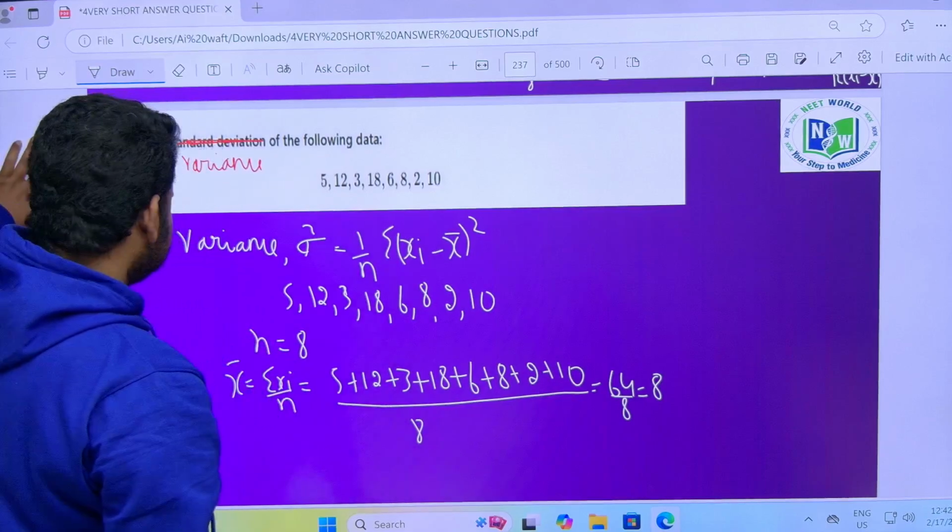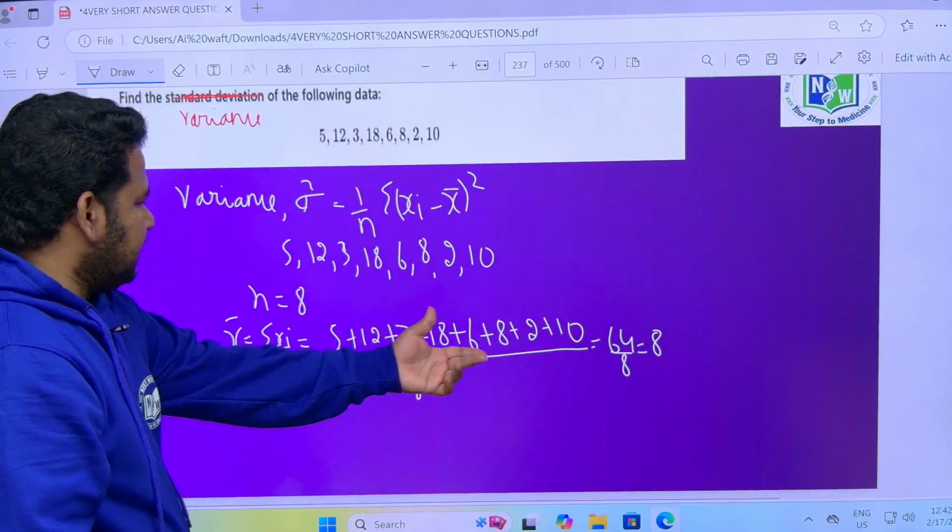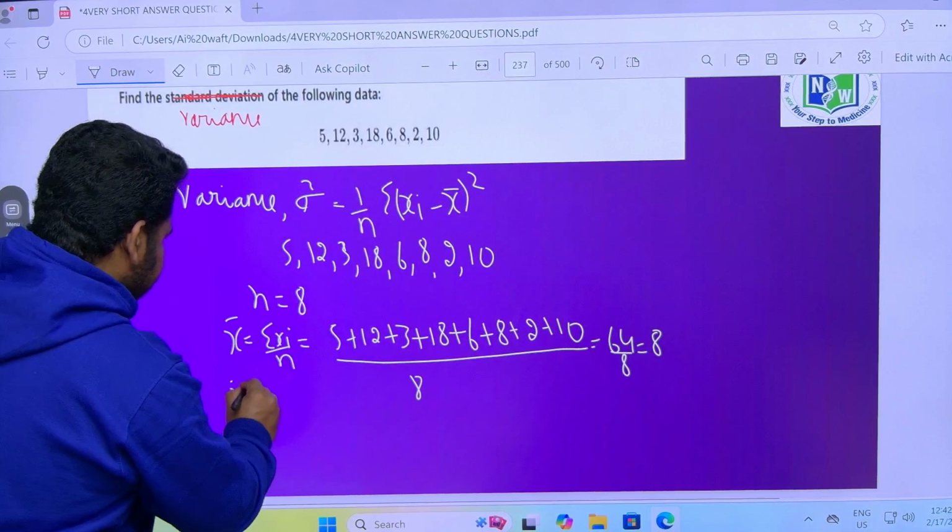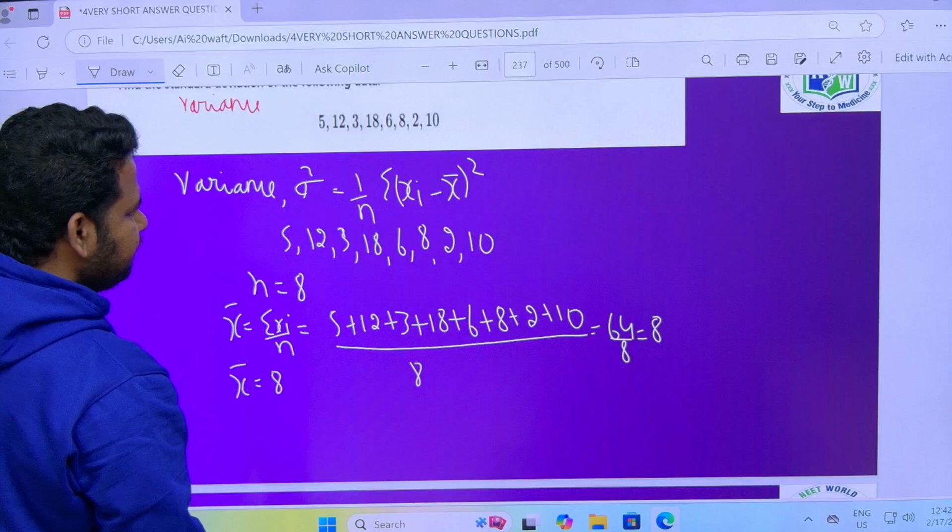Now n is 8 and the arithmetic mean we got is 8. So now we can form the table.